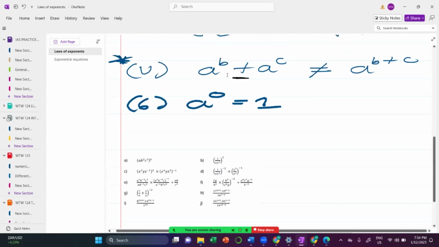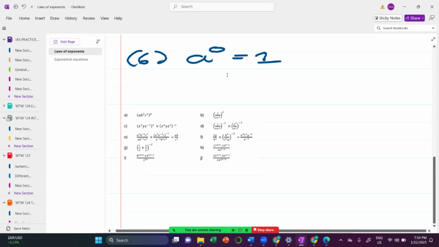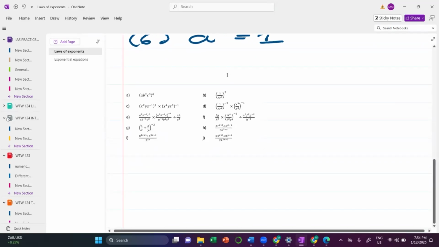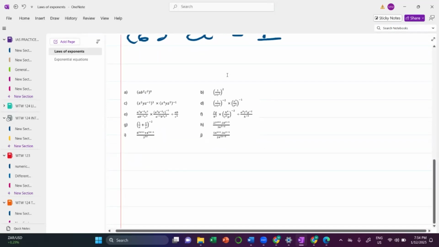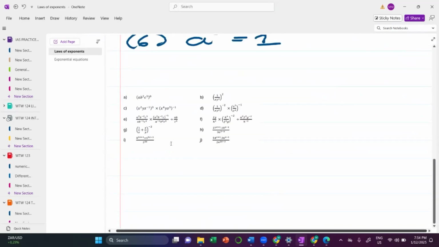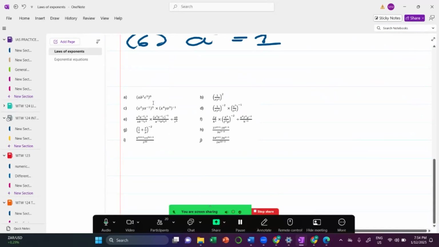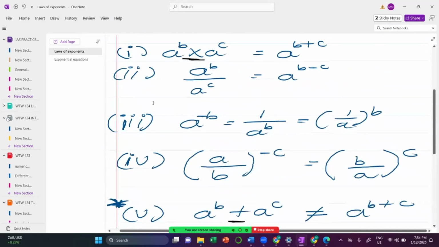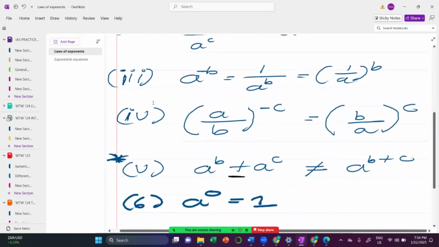So I'm going to pick several problems from here, and then you will see how we can continue. Do you guys allow me to continue? My dear learners, I'm going to be applying these laws that I just spoke about.